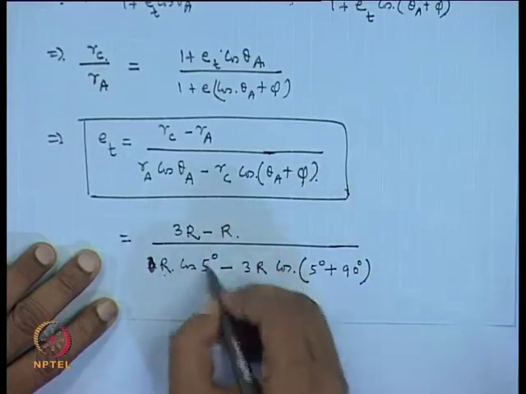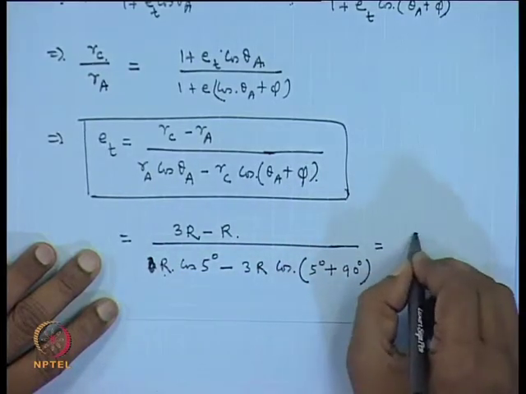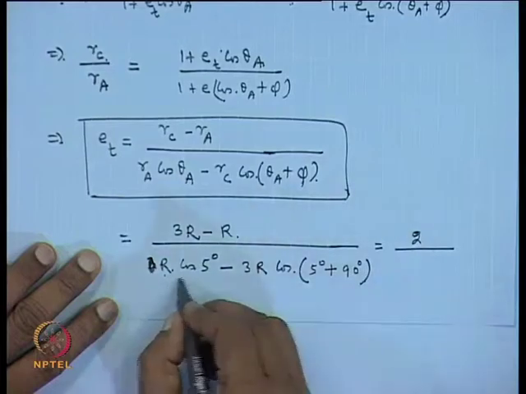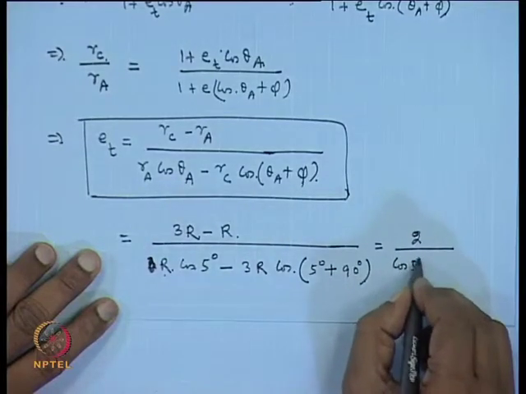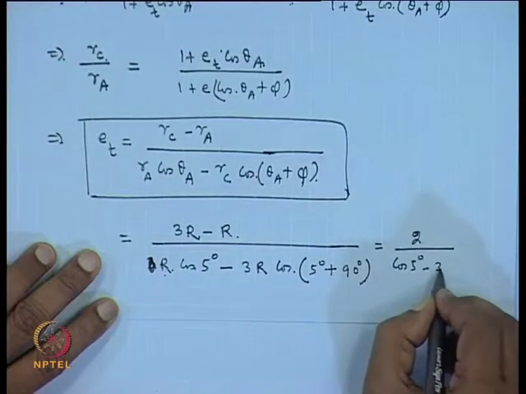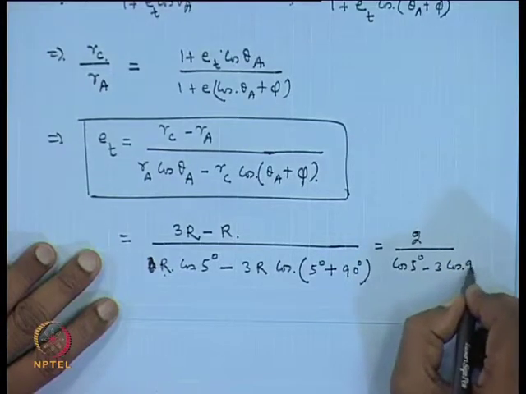So, R will cancel out in the numerator and denominator. So, this will be 2 divided by cos 5 degree minus 3 cos 95 degree.